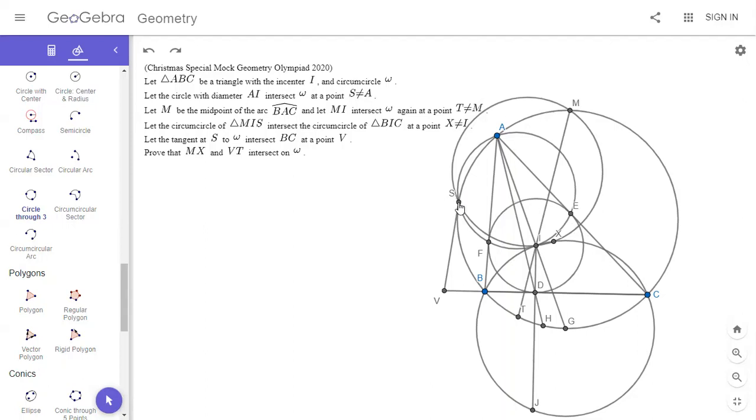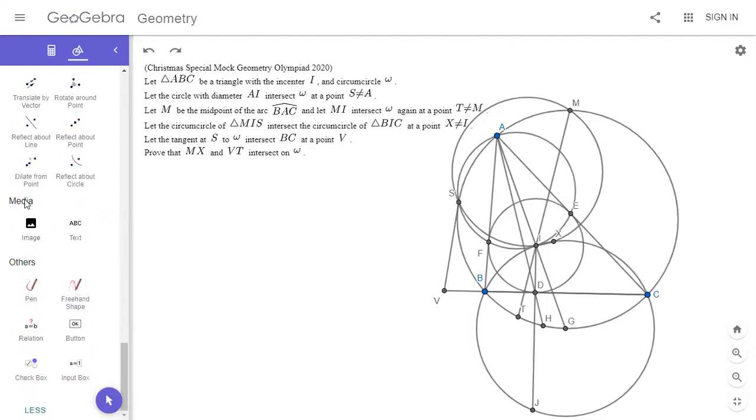The radical axis of the point circle S and the circumcircle of ABC, that's SV, is the tangent line at S. And then BC is this other radical axis. But what is the radical axis of the point circle S? I don't think this would help as much, but let's see.